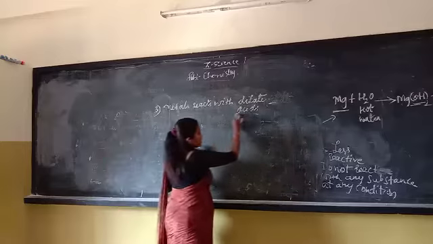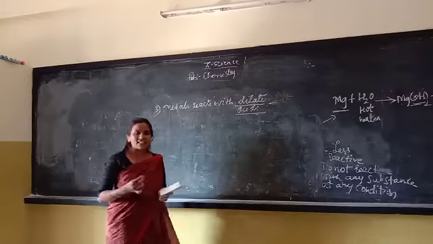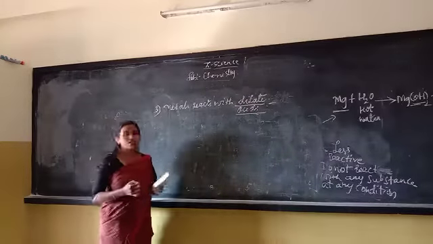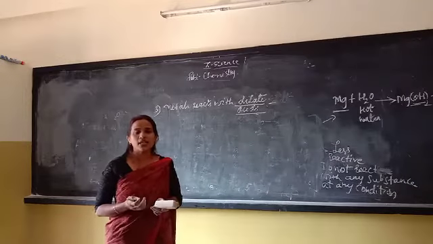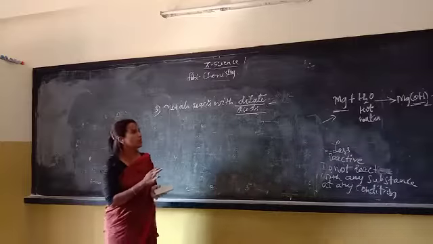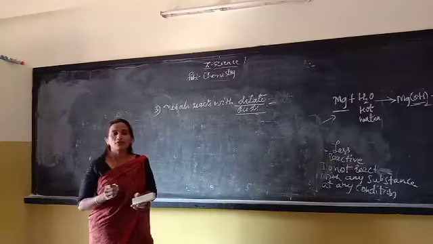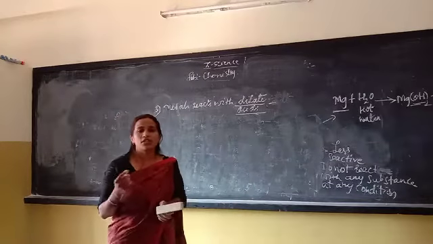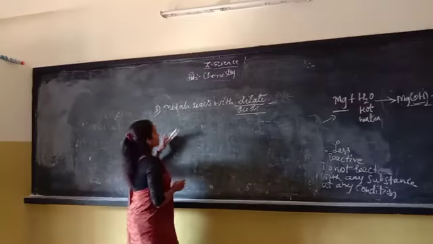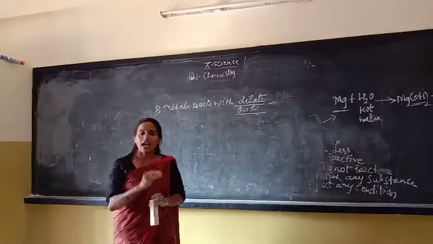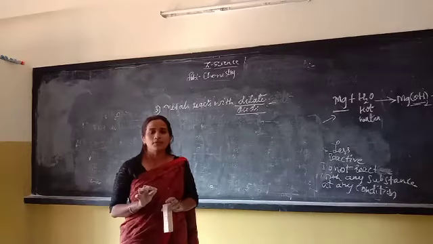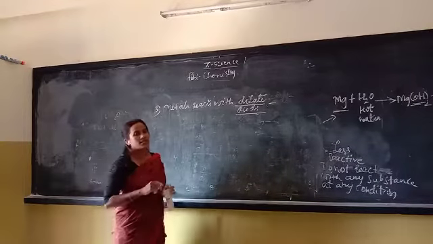What do you mean by dilute acids? Acids, we know, are substances which have a sour taste, which turn blue litmus paper to red and which have hydrogen ion concentration in them. Okay, so dilute acid means, if we add water to the acid, then it forms a dilute one.